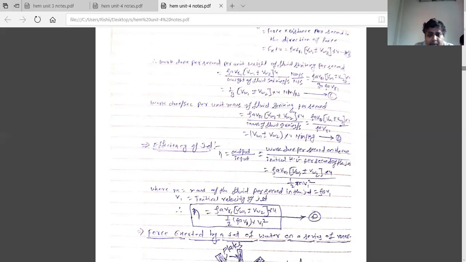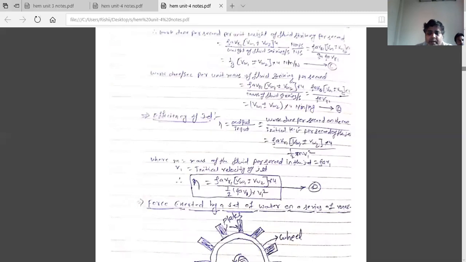That means rho a Vr1 (Vw1 plus or minus Vw2) into u upon half m V1 squared, where m is the mass of the fluid per second in the jet, that is rho a V1, and V1 is the initial velocity of the jet. Hence efficiency is equal to rho a Vr1 (Vw1 plus or minus Vw2) into u by half rho a V1 into V1 squared, that means rho a Vr1 (Vw1 plus or minus Vw2) into u by half rho a V1 cube. That's all.